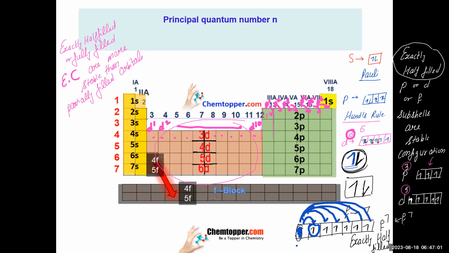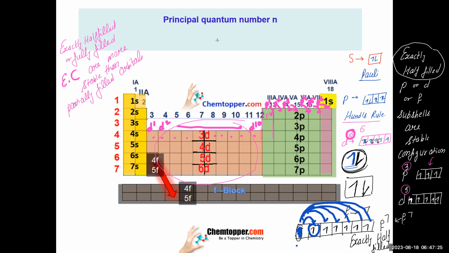Yes, Shailer. Fully filled are more stable than exactly half filled, no doubt. Okay. And the most stable configurations are noble gases, the last family, this one. No, it is just one fully filled.